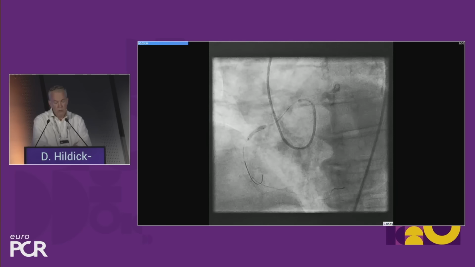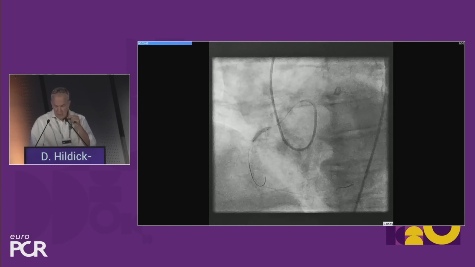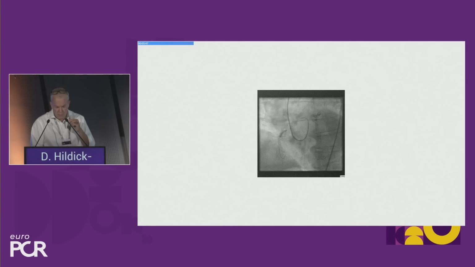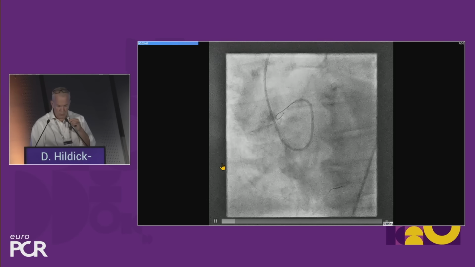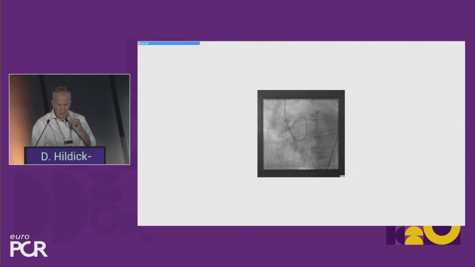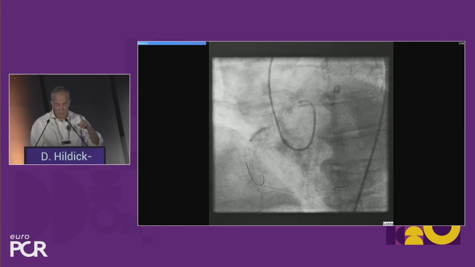Then, because we weren't very sure about how the support was going to be, we passed two wires. I'll take you back to this picture. Sorry, it never quite works, does it? Forget that. We'll continue.